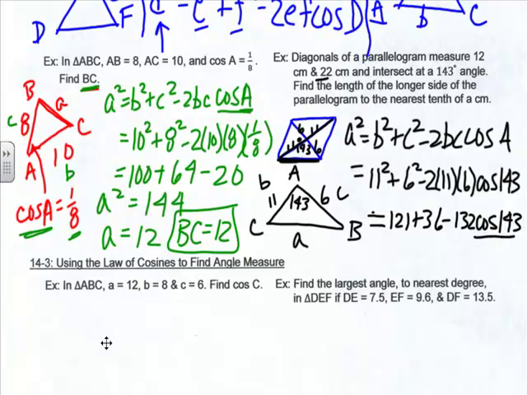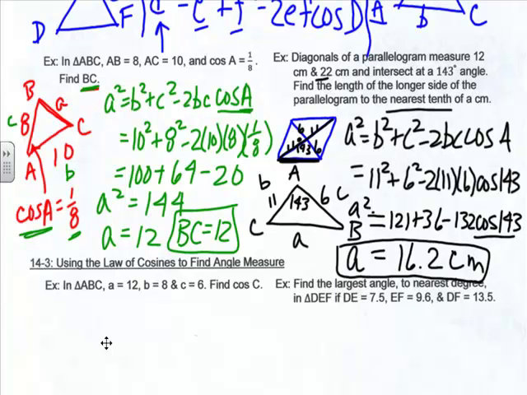Don't round too soon. Don't round until you get to the end, because this is asking you for the nearest tenth. So in the end, when you do your rounding, you get 16.2 centimeters. So that's after you get what a squared is equal to and you take the square root. I'm having a little space issue here, so I'm just going to cut to the grand finale. I would suggest you punch that in and make sure you agree with what I'm coming up with here.